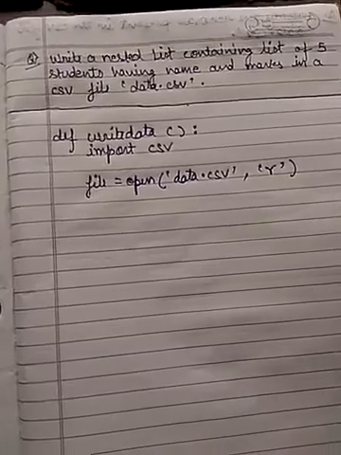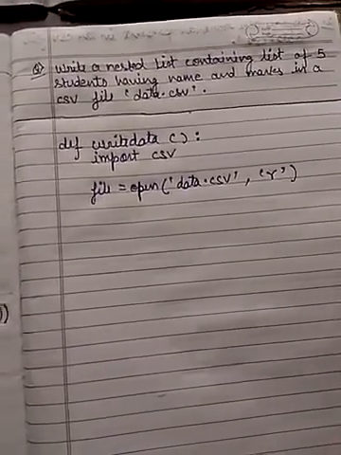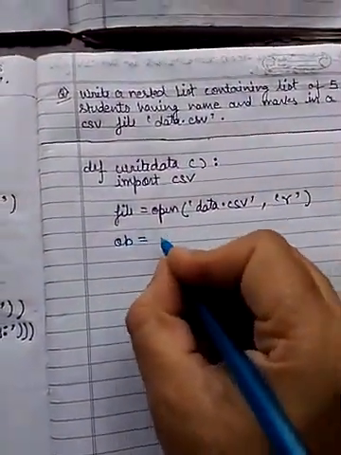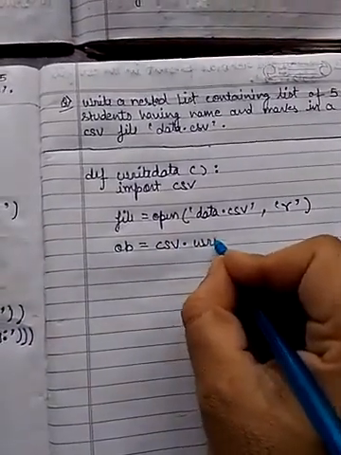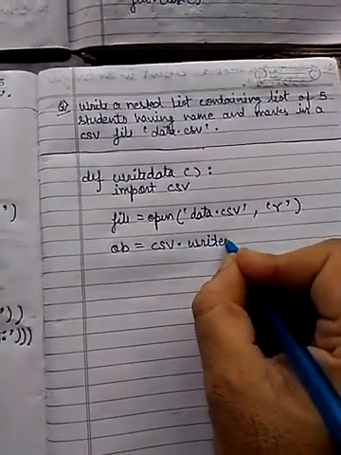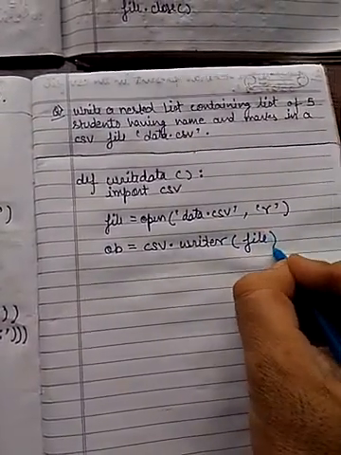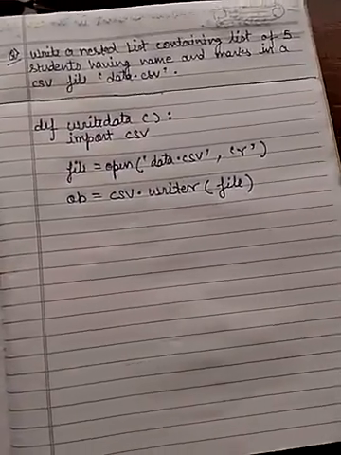Now you have to create an object of the writer class. So I am creating an object of csv.writer, and here it is the file handle, file. Now in this way we have created the object of the writer class.